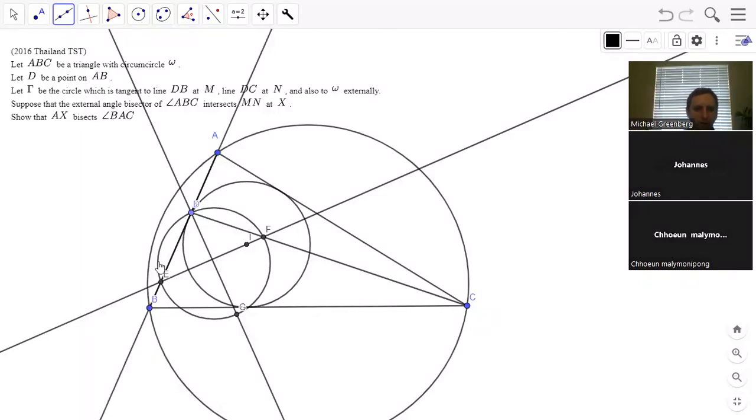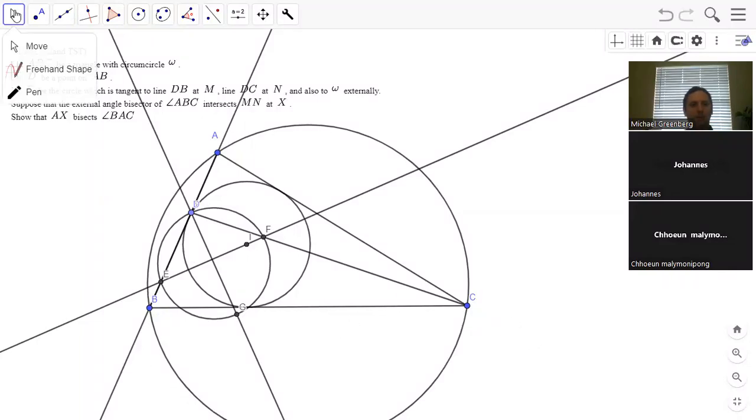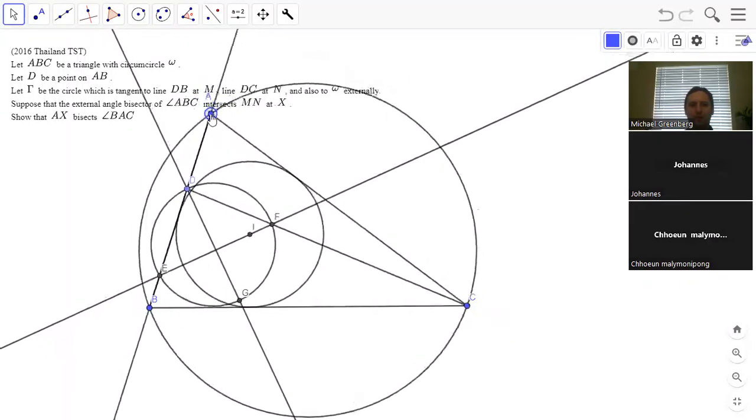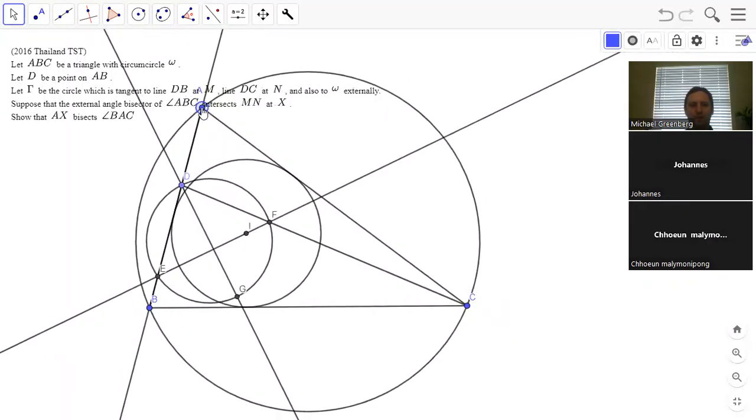So DB, DC, and I think they might mean the mixed linear excircle. Or the curvilinear excircle. I don't know if I've ever drawn a curvilinear excircle.